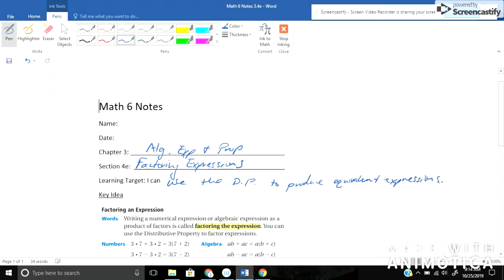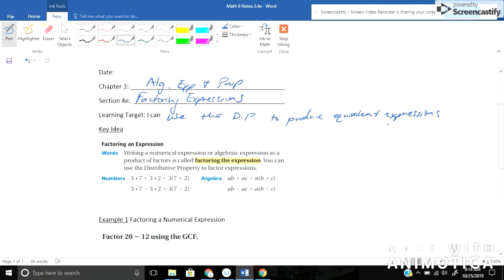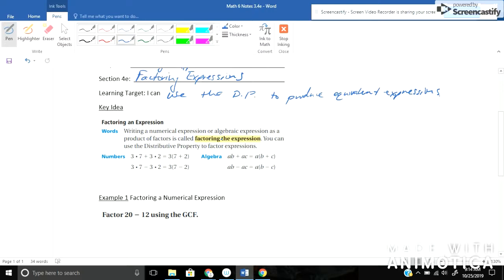All right, and we'll start with our key idea and how to factor an expression. It says, writing a numerical expression or algebraic expression as a product of factors is called factoring the expression. You can use the distributive property to factor expressions.